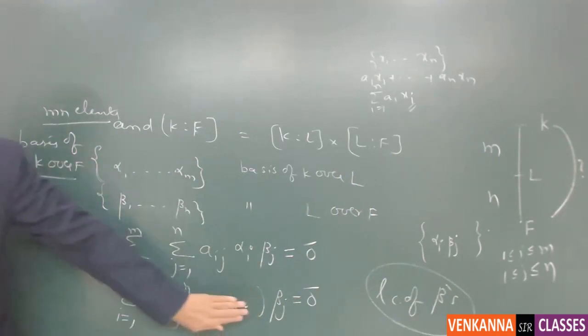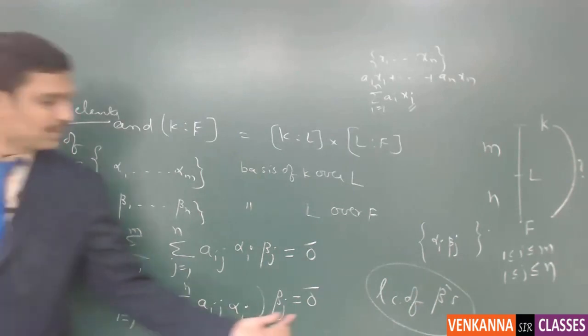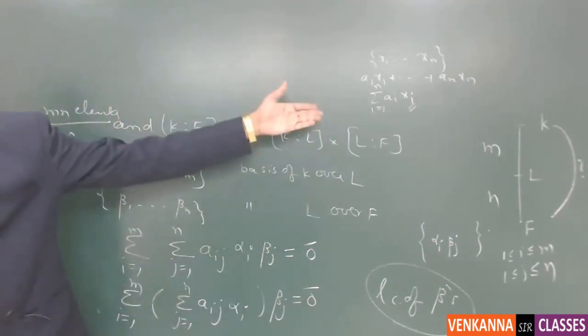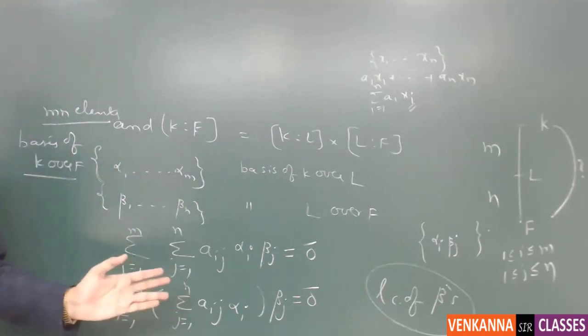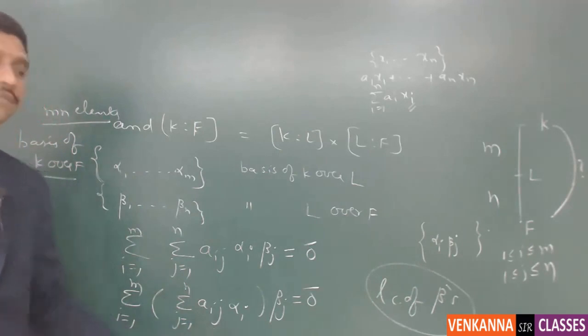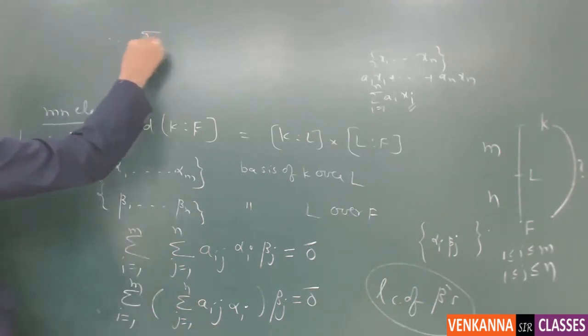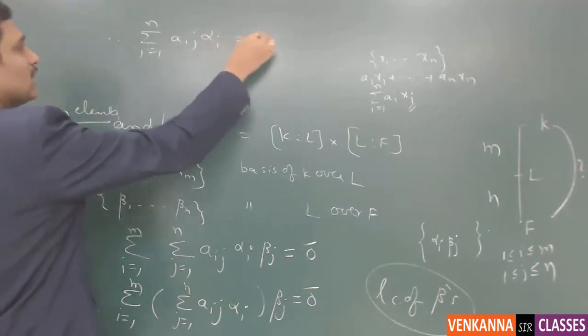Based on betas, since we have a summation here, this is a linear combination of betas like this. Since betas are linearly independent as they are a basis, the scalars here must be 0. Therefore, summation j equal to 1 to n of a_ij alpha_i is equal to 0.